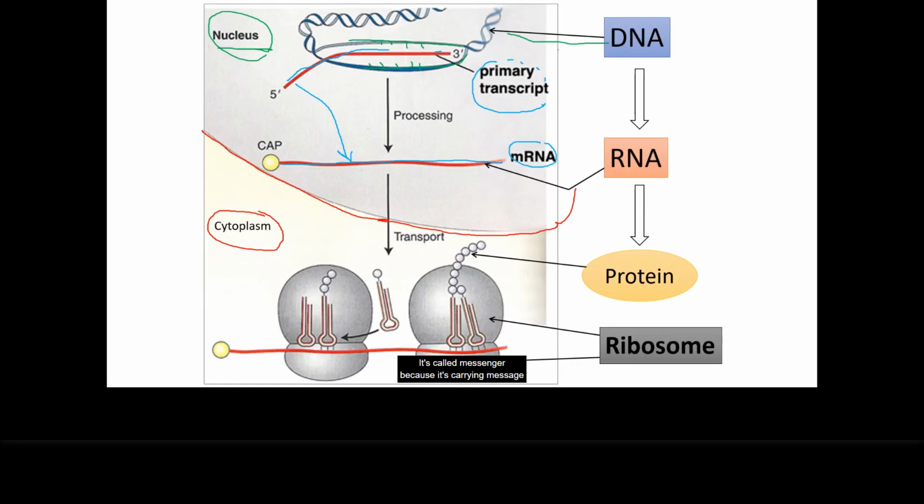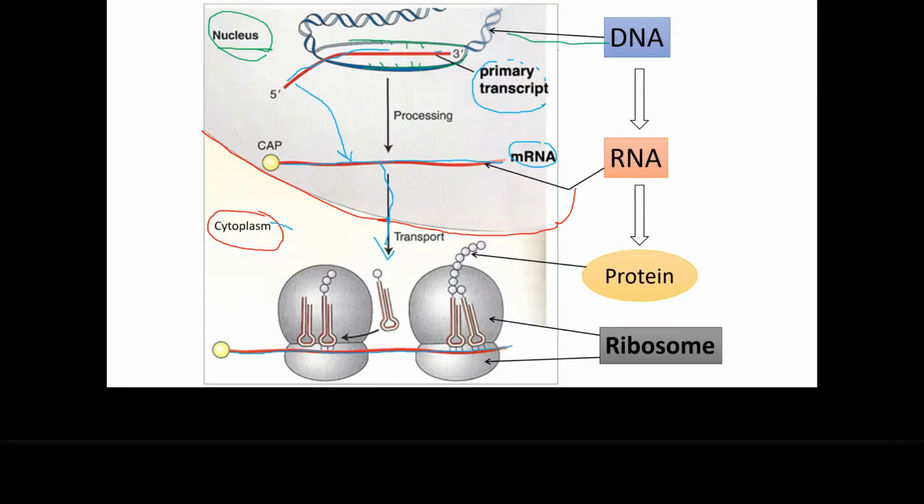It's called messenger because it carries a message from the nucleus. This message will leave the nucleus through the nuclear pores into the cytoplasm. And here is our messenger RNA in the cytoplasm.